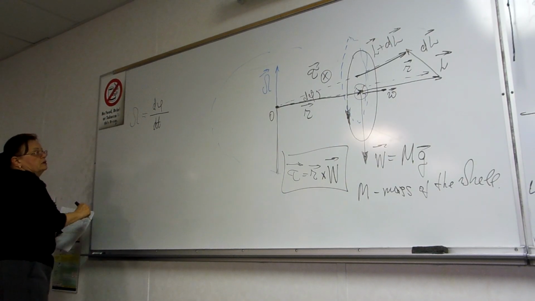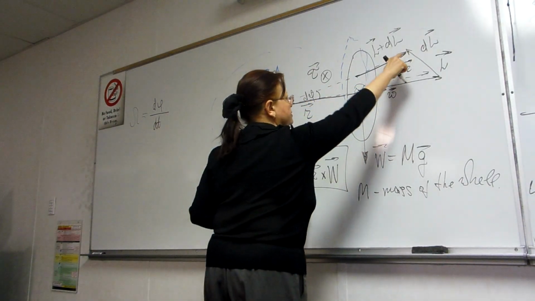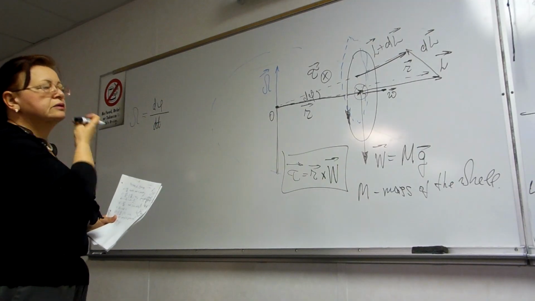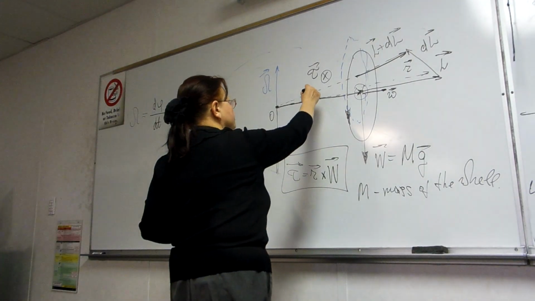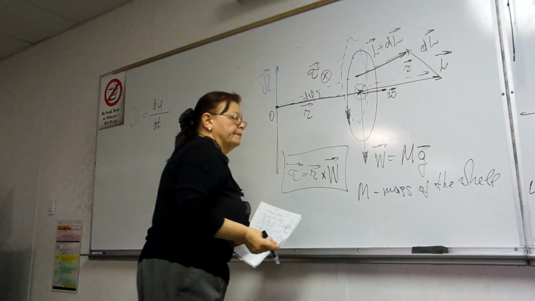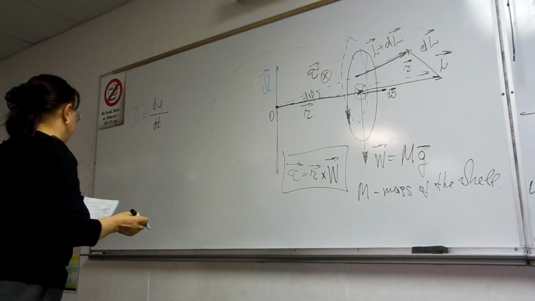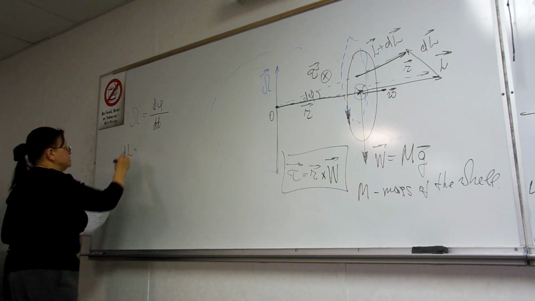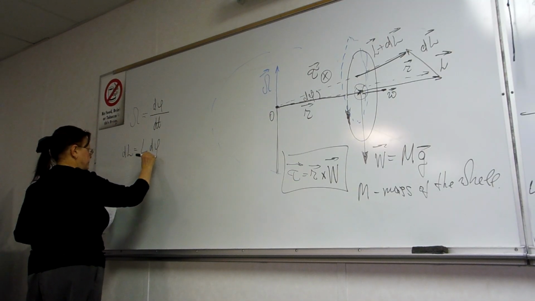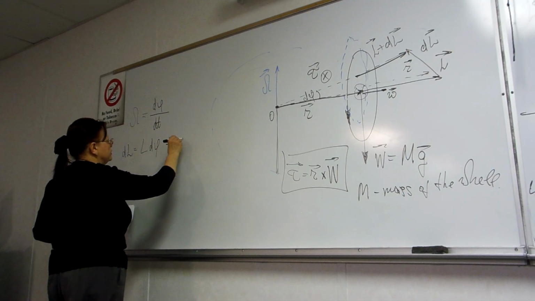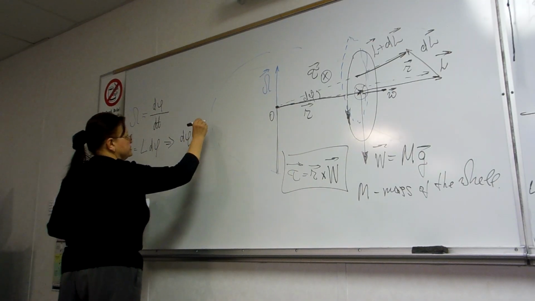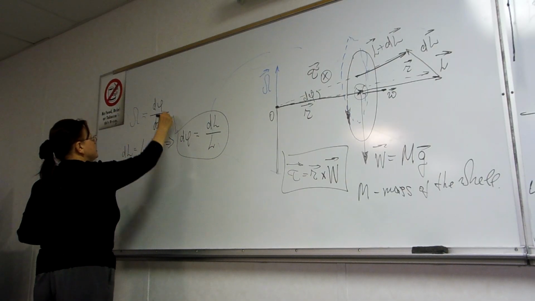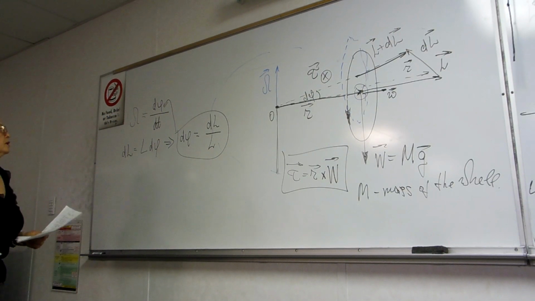Now, if you think that dL is a small arc which corresponds to angle d phi, subtended by angle d phi. So that's why that dL can be represented like L d phi, from which we can find d phi is dL divided over L, and substitute the d phi over here into our expression for omega.